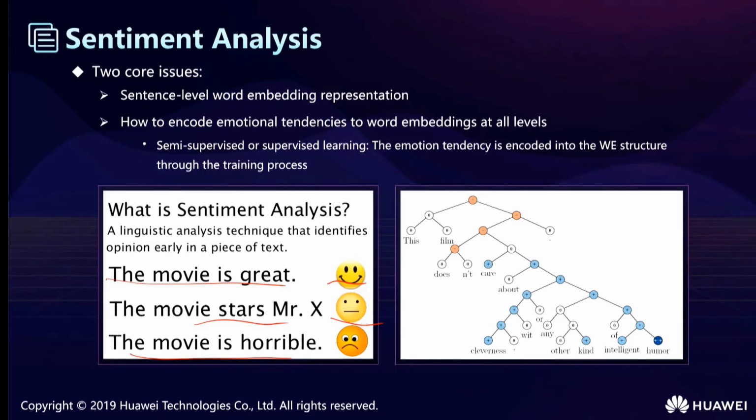When we do sentiment analysis, we should consider two core issues: sentence-level representation, which is how to encode the emotional changes into the word embedding at all levels, and semi-supervised and supervised learning. The emotional tendency is encoded into the weights through the training process.